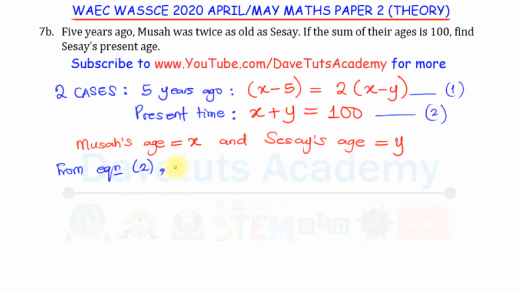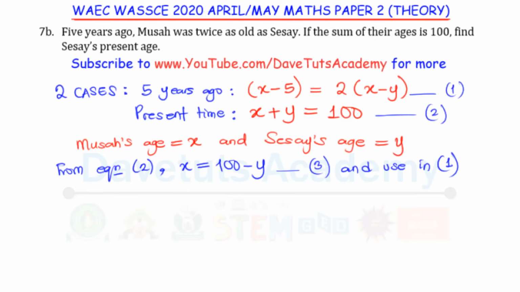But from 2, since I'm looking for Y, I can eliminate X. So I can say X is equal to 100 minus Y. I can call this equation 3, and I can use it in equation 1. Wherever I see X, instead of writing X, I'm going to write that value.